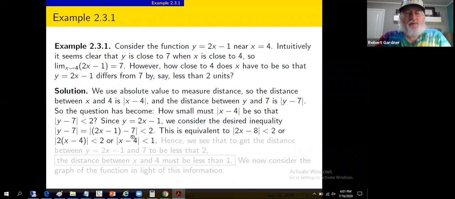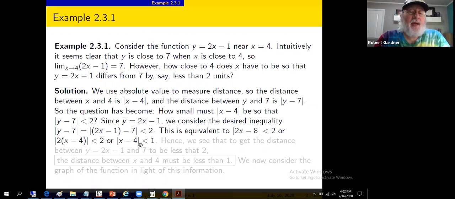Minus 1 and minus 7, we can write that as 2x minus 8, absolute value, is less than 2. We could factor a 2 out of the 2x minus 8 term to get 2 times x minus 4 in the absolute value. Actually, we could divide both sides by 2, maybe skip a step of arithmetic here, bring the 2 outside the absolute value. It's positive, no worries. And cancel the 2's.